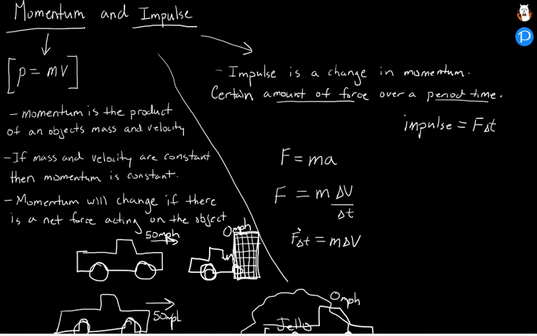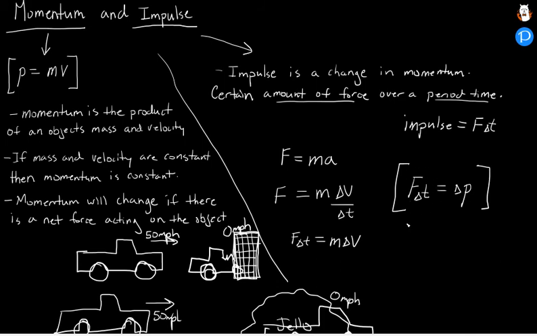I've got impulse and momentum. So we can replace this: the impulse, force times the change in time, is equal to the change in momentum. Impulse is equal to the change in momentum.